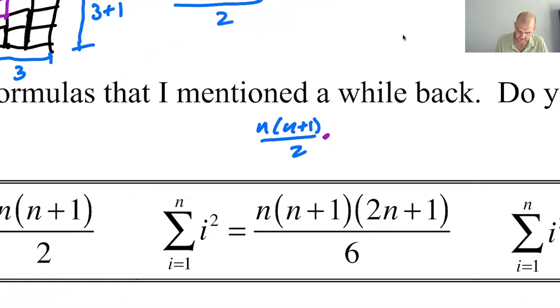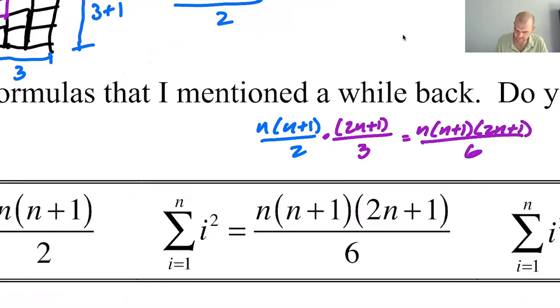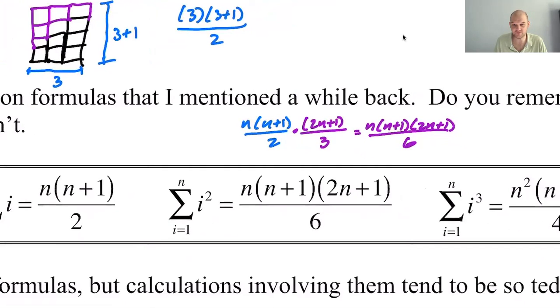So the next generic odd number is 2n plus 1. And since this is 2, the next odd number is 3. If you simplify this, you get n times n plus 1 times 2n plus 1 over 6. That's how I have always remembered that.